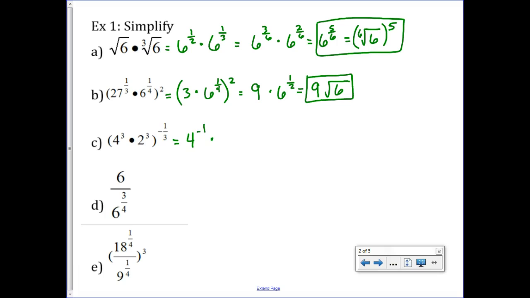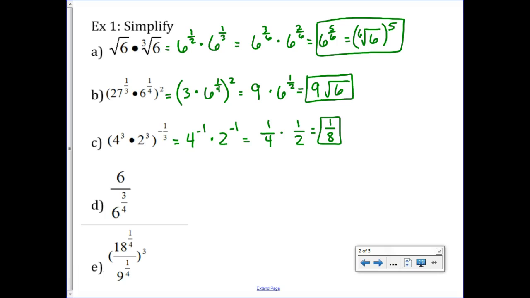And then I have 3 times negative 1/3 again, that's 2 to the negative 1. That negative 1 just tells me to make that 1/4 to the first power and 1/2 to the first power. So that gives me 1/8.